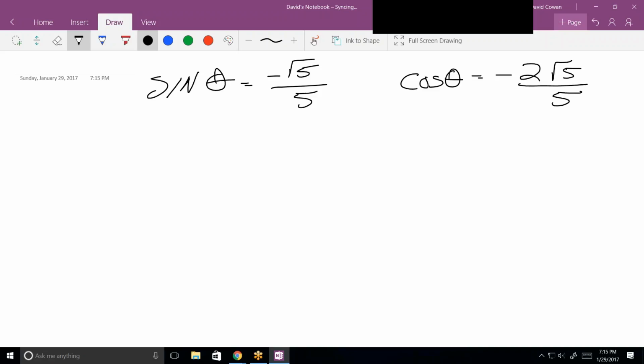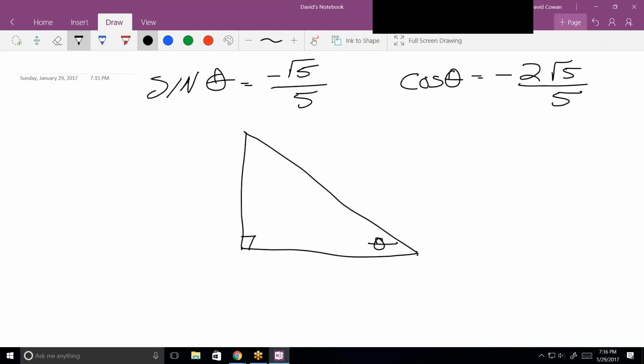What information do we know from those two pieces of information? Well, let me back up a second. When you have a problem like this, what's the very first step always? Draw a triangle and label theta. Okay. Always. That's your first step.